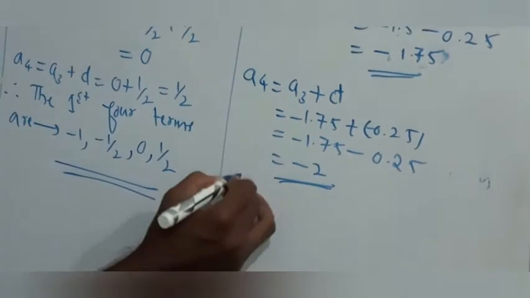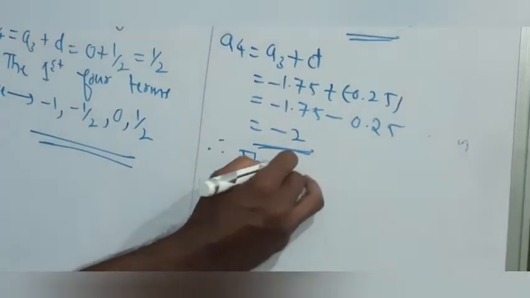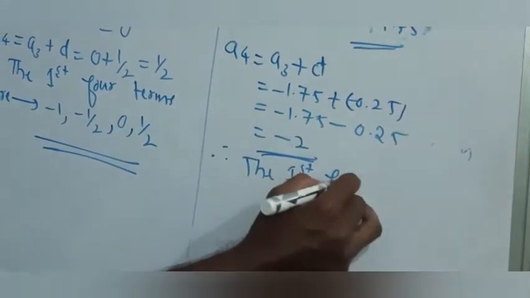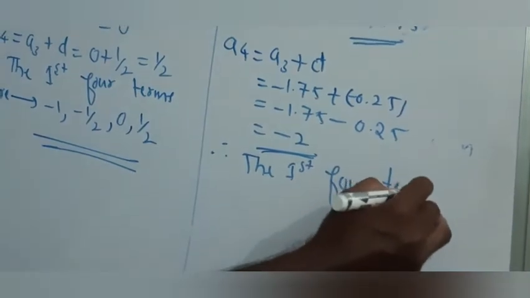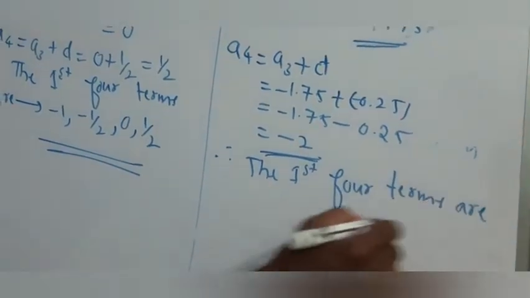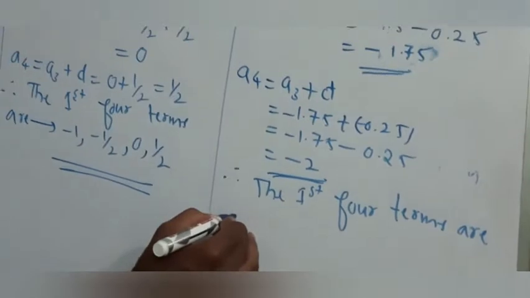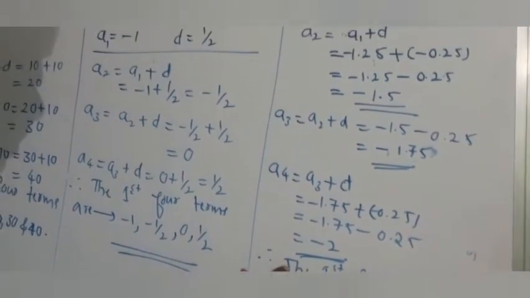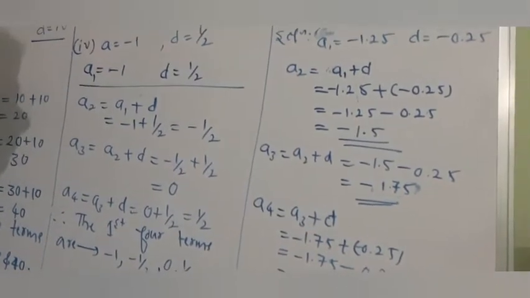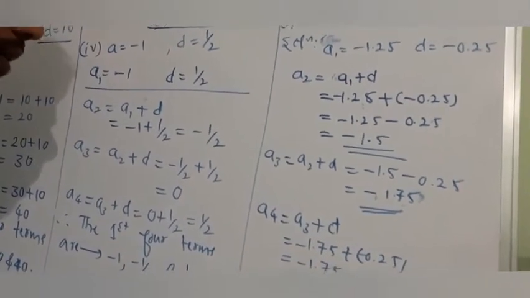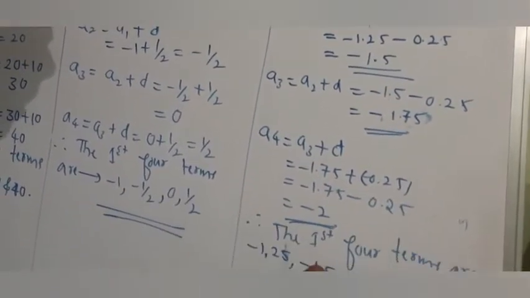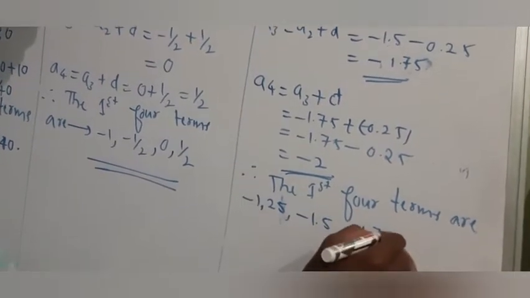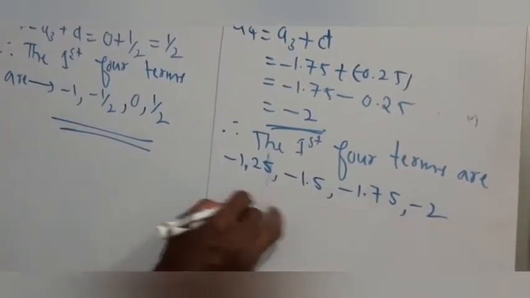So therefore the first 4 terms are -1.25, -1.5, -1.75, -2.